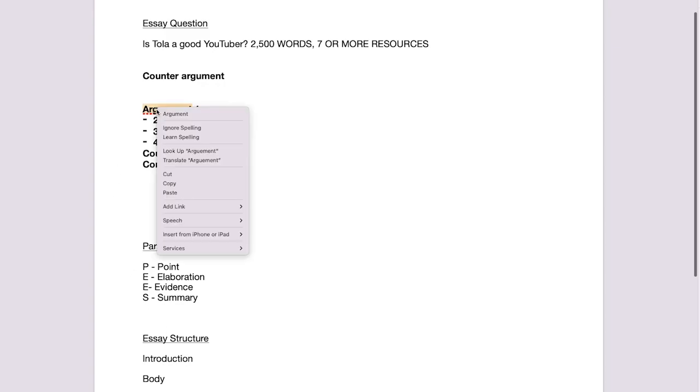Conclusion. Okay, cool. So that's basically what my essay would look like. Like I said, minus the introduction, I'd have... Did I spell that right? Oh, my bad. All right. So argument 1, 2, 3, and 4. Counter argument, conclusion. So let's try to answer the question using this structure.